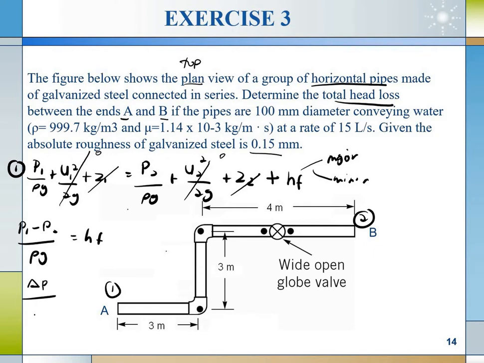Delta P over rho g is equal to HF. Okay, I want to explain a bit.